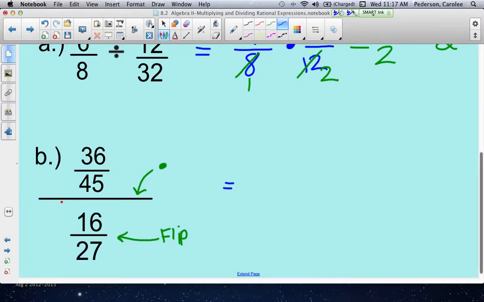So we keep the 36/45. Change the division symbol to multiplication, and we flip the 16/27 to 27/16.